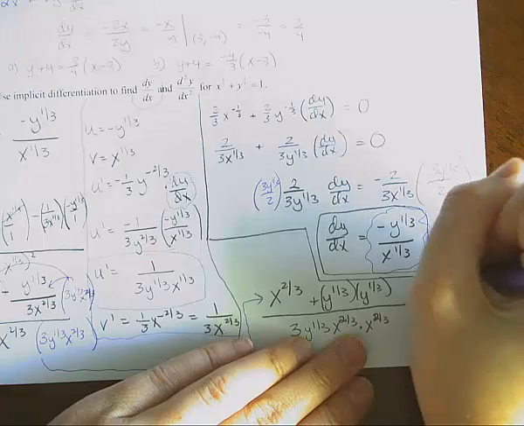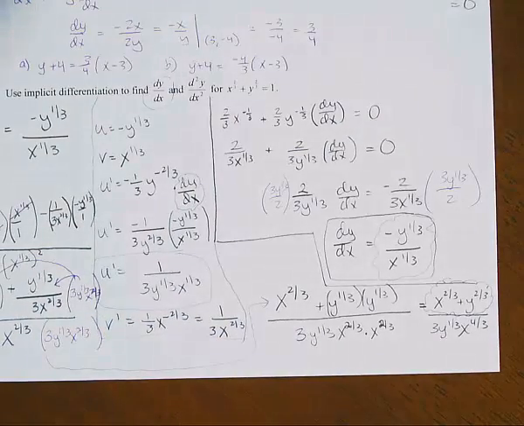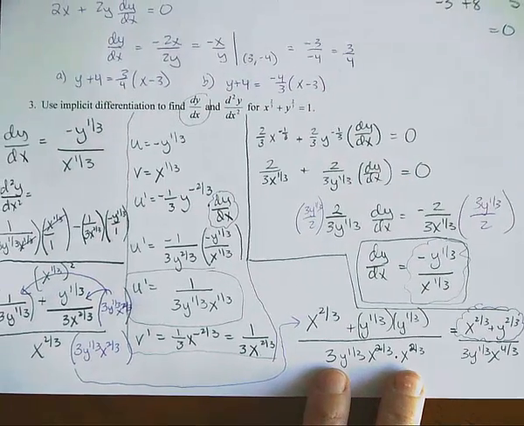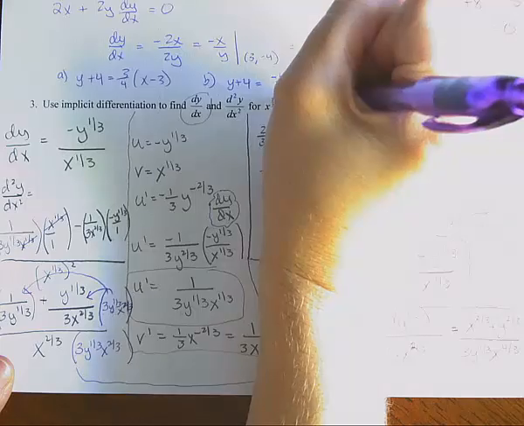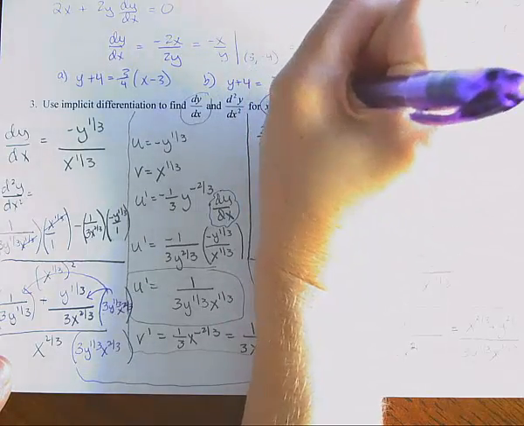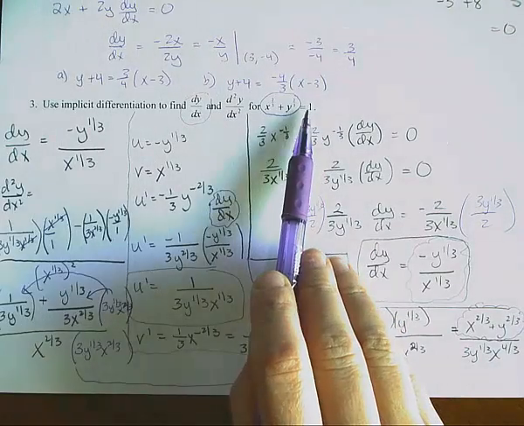Okay, but you might think we're done, but we can actually simplify one more thing, and that has to do with this expression right here, x to the 2/3 plus y to the 2/3. I want you to look on this page and see if you see that expression anywhere else in this problem. So I'm hoping you located it. It's right up here. It turns out that x to the 2/3 plus y to the 2/3 is equal to 1.